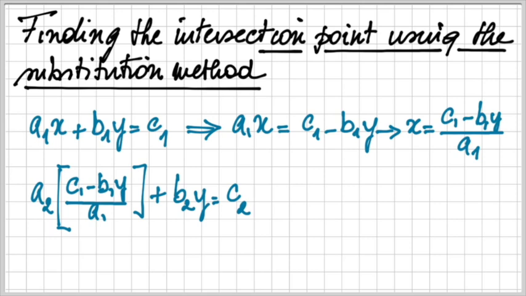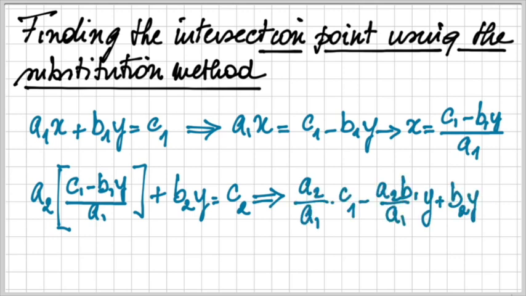All the other parameters are known: a2, a1, b1, b2, c1, and c2. Doing the multiplication, we find a2 divided by a1 times c1, minus a2 times b1 divided by a1 times y, plus b2 times y is equal to c2, and y is the only unknown parameter here.